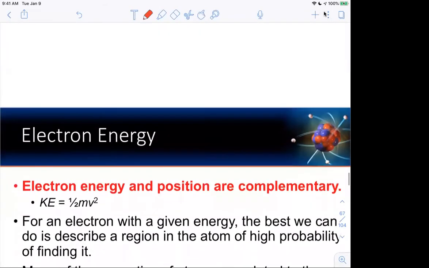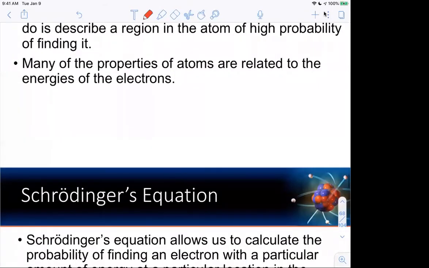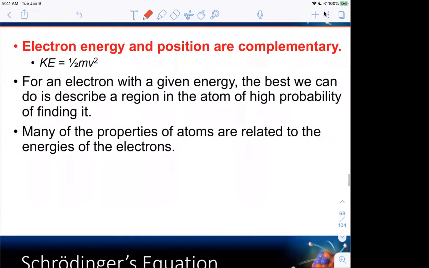At this point, we are going to go a little bit further. Remember that electron energy and the position are complementary properties. When I think about the electron energy, I can use my regular kinetic energy, which is equal to 1/2 mv squared.